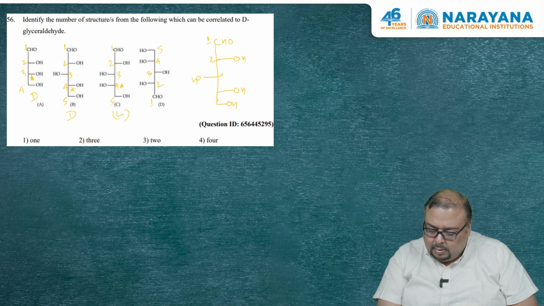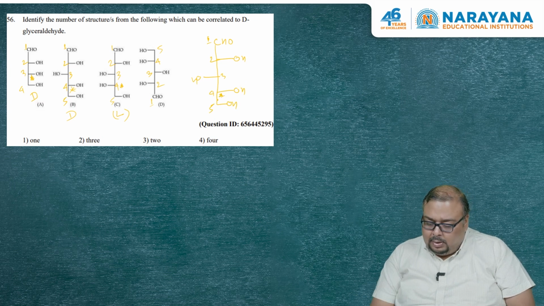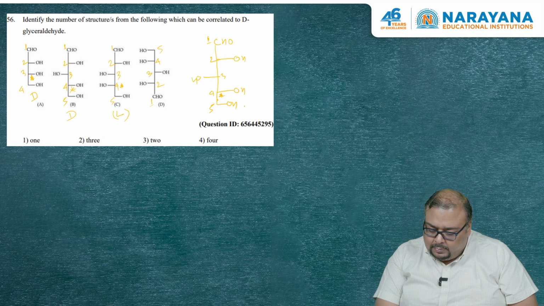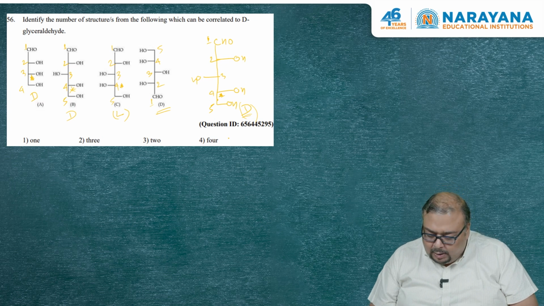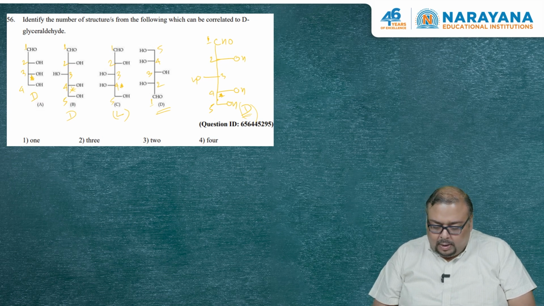So 1, 2, 3, 4, 5. Again here the OH is on the right side, so it's a capital D configuration. So this is also capital D. So A, B, and D can be derived from D-glyceraldehyde. There are three compounds, so the correct answer should be option 2.